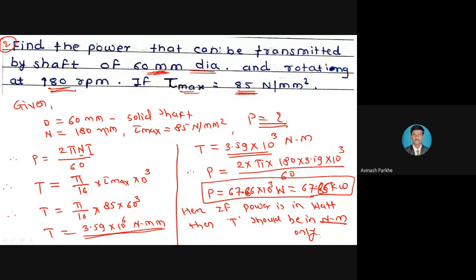If I have to calculate the power in watt, your torque should be in Newton meter only. If you take this Newton mm value as it is for the power calculation, your power answer will be wrong. Therefore, try to convert that torque from Newton mm to Newton meter.